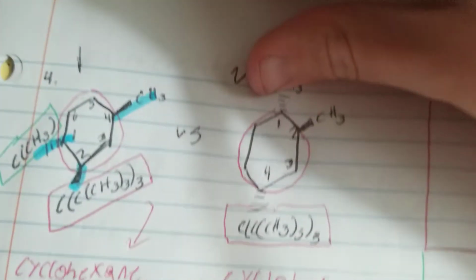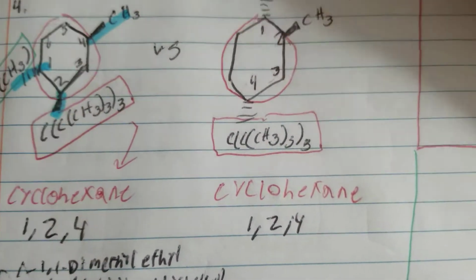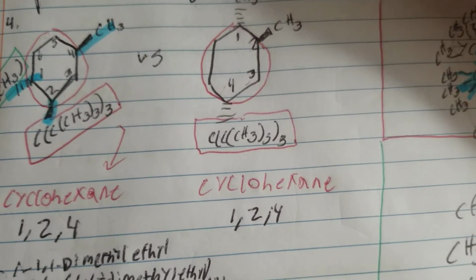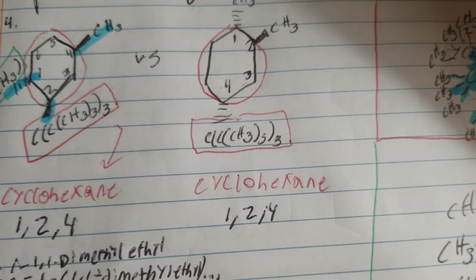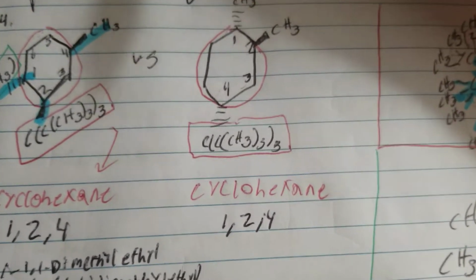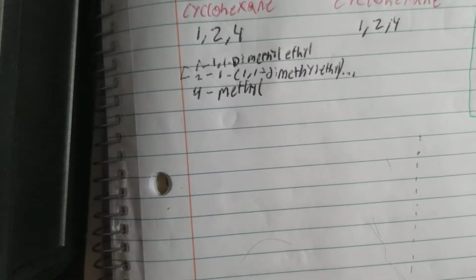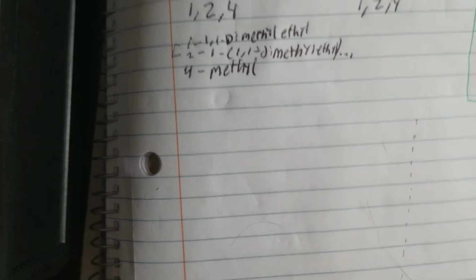We can call this number 2, and we can call this number 1 for sake of simplicity. Again, the question is simply asking to find the most stable conformer. And so naming is good practice, of course, but it's not required for the question. So for sake of time, for sake of space, we will continue on.